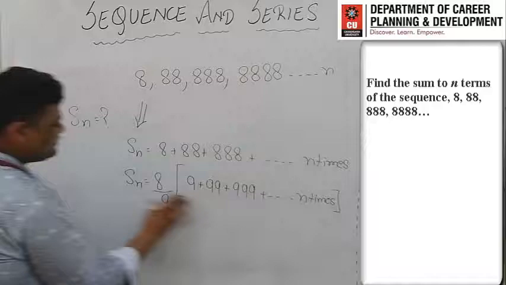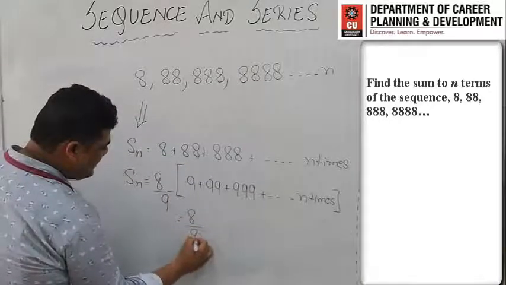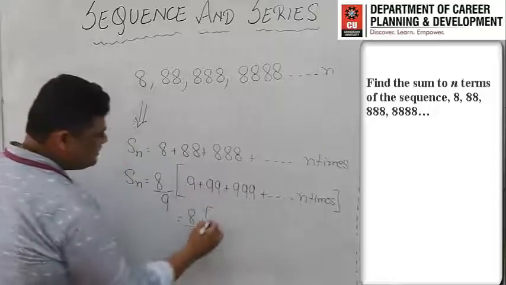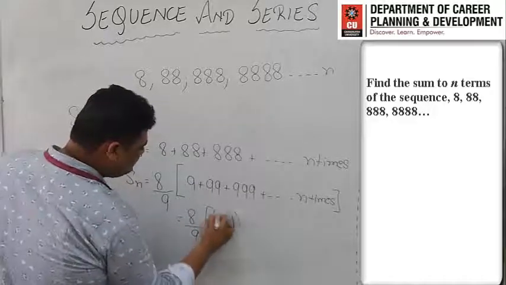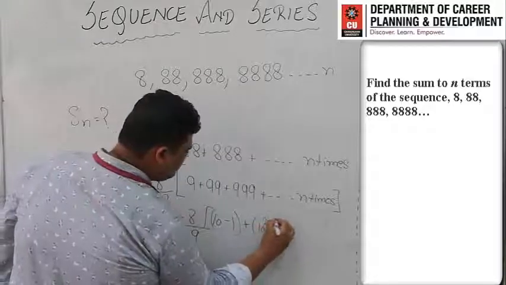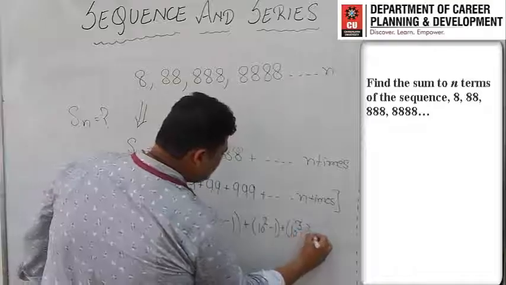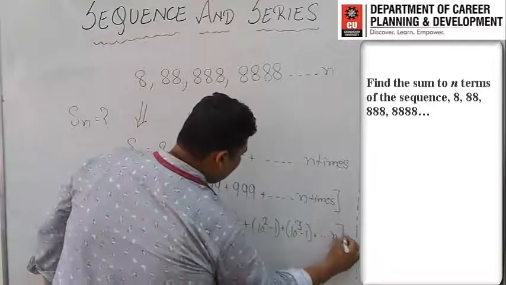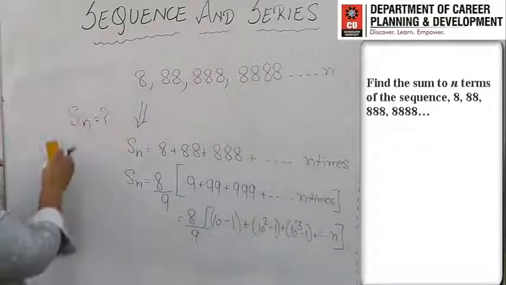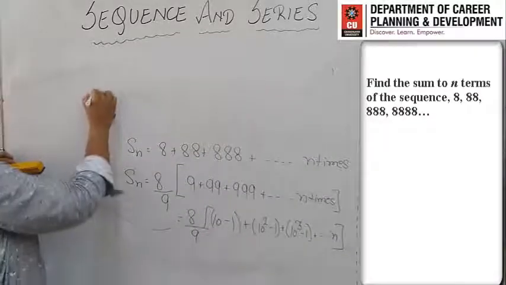We can write this equation as this. Now, I am writing 8 by 9. Here we have 10 minus 1 plus 10 square minus 1 plus 10 cube minus 1 plus continuously till n times.